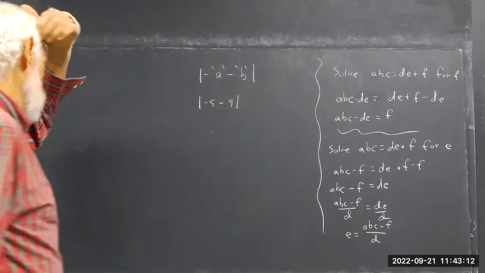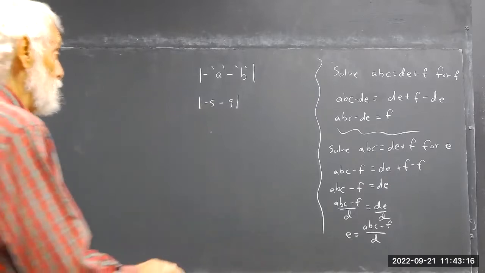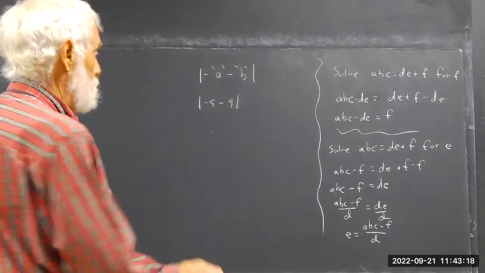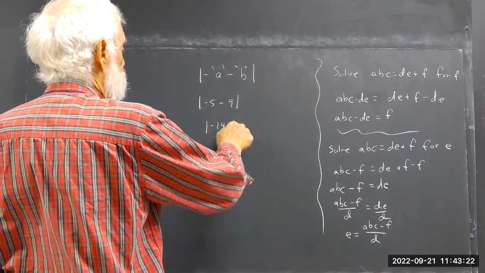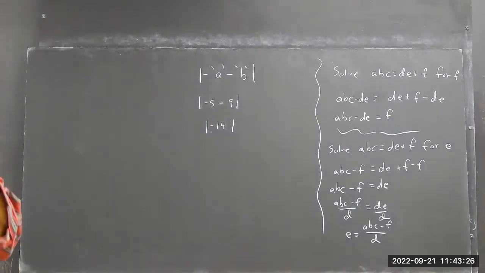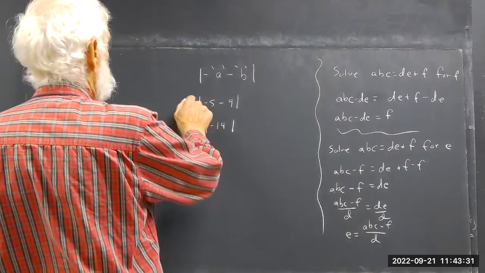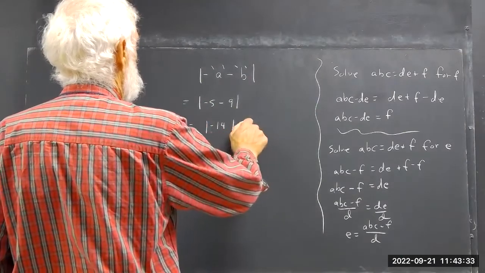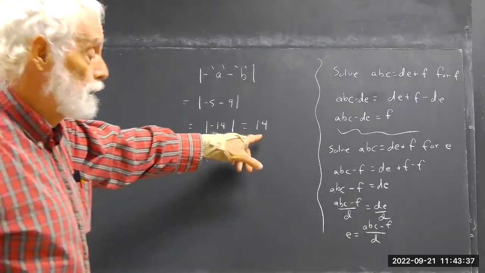Let's say the absolute value of -5 minus 9. Well, -5 minus 9 is -14. Hopefully you know how to add signed numbers, right? I think everybody does. And here's the key: the absolute value of -14 is 14.